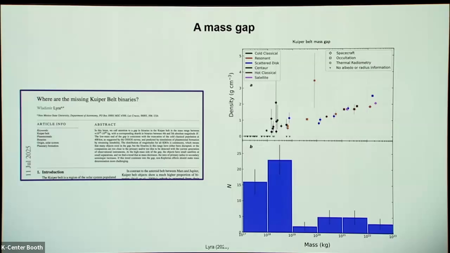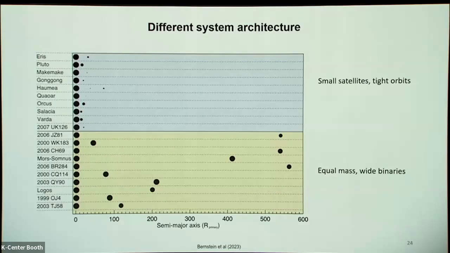As Proudfoot showed, there's this plot here. It was shown before. There is a difference not only in mass, but also in system architecture as you pass from the small mass objects to the high mass objects. On the high mass objects, you usually have small moons in tight orbits.